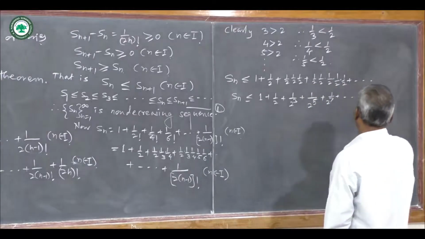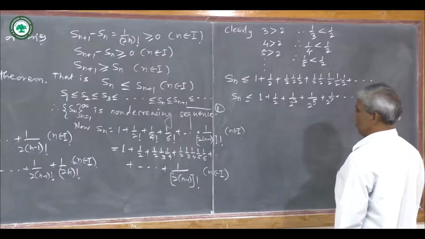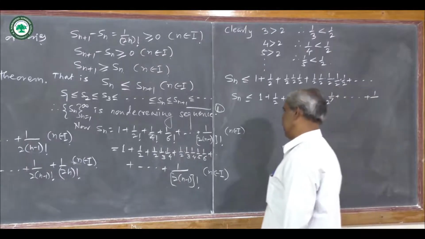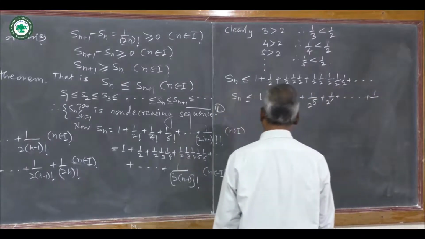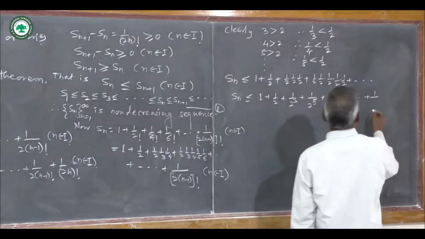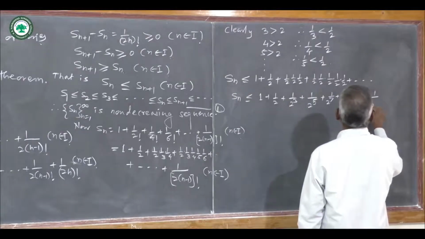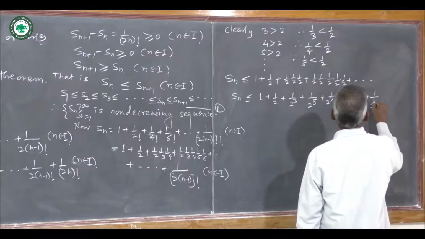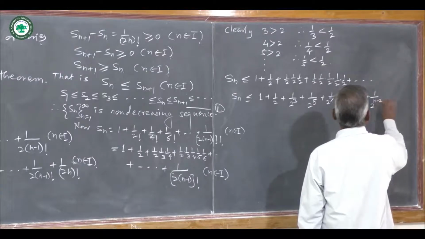The last term is 1 upon 2 raised to n minus 2.